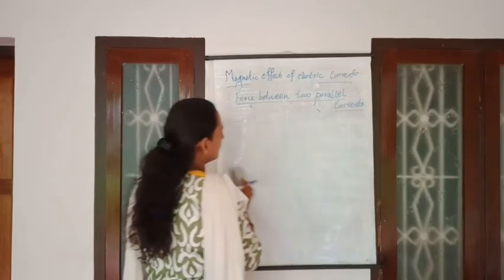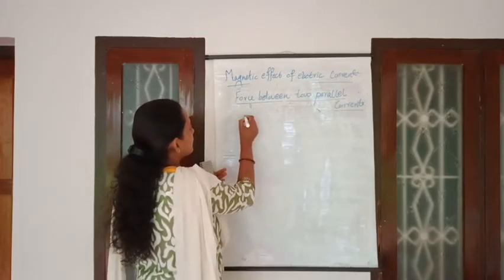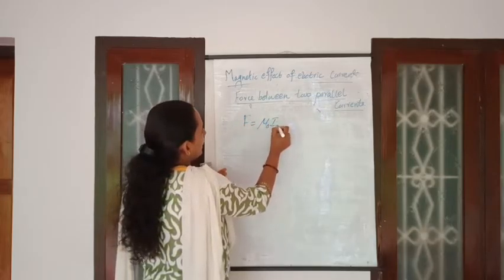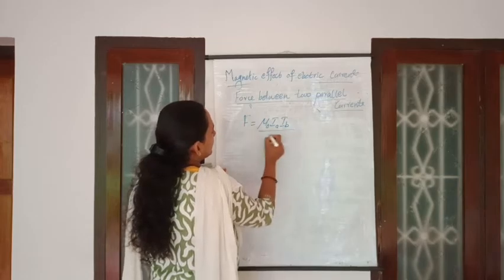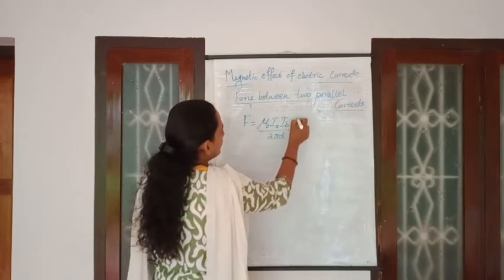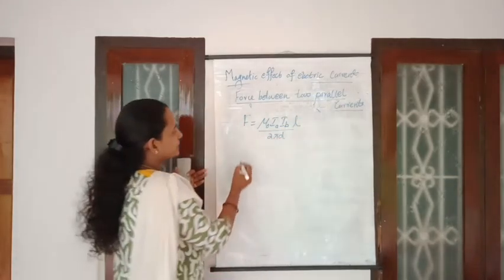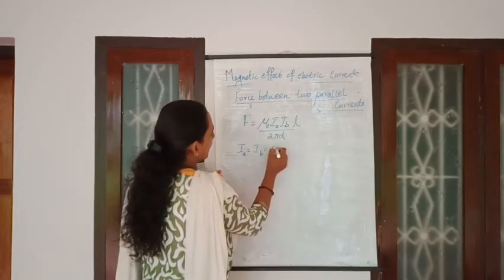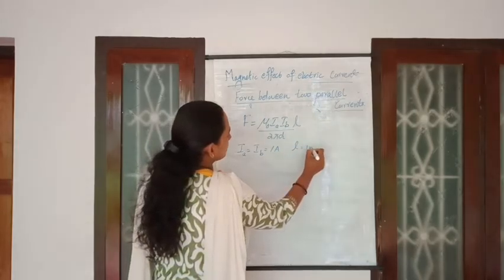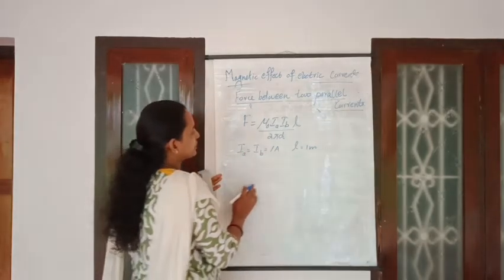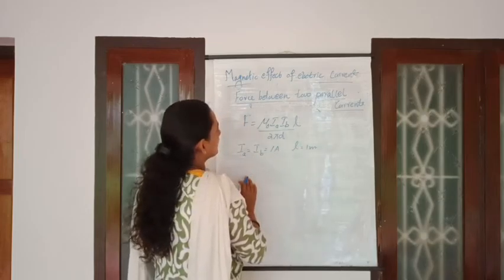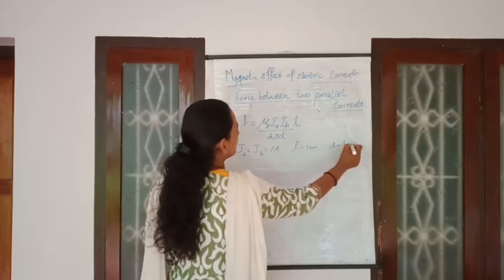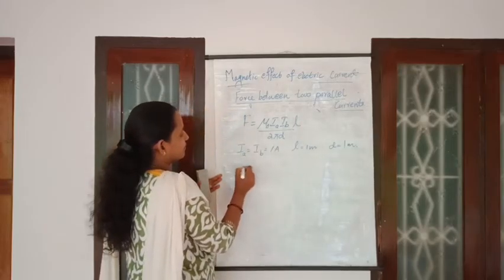So what was that formula? Force F is equal to mu 0 Ia Ib divided by 2 pi d into L. Suppose here the current Ia is equal to Ib is equal to 1 ampere, length L is equal to 1 meter, unit magnitude, SI unit we are choosing here, and distance d is also 1 unit. What will F be?